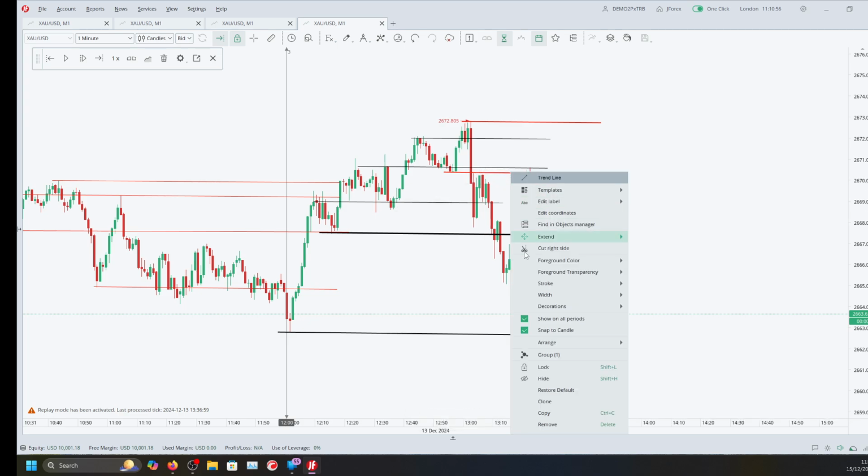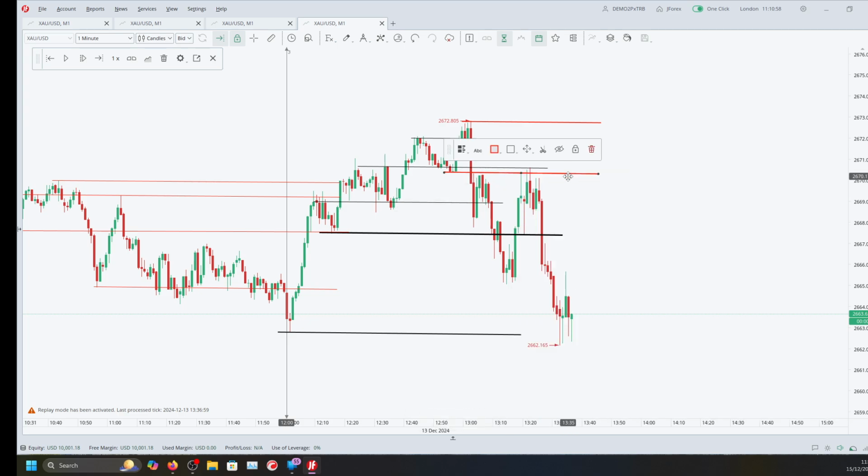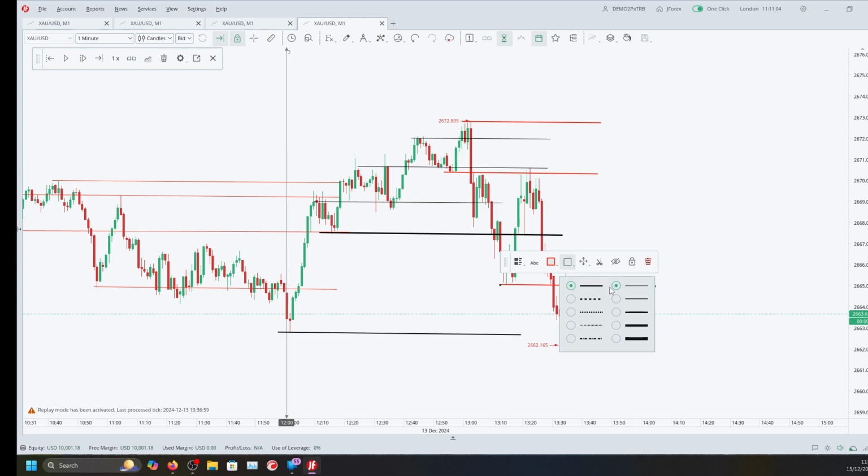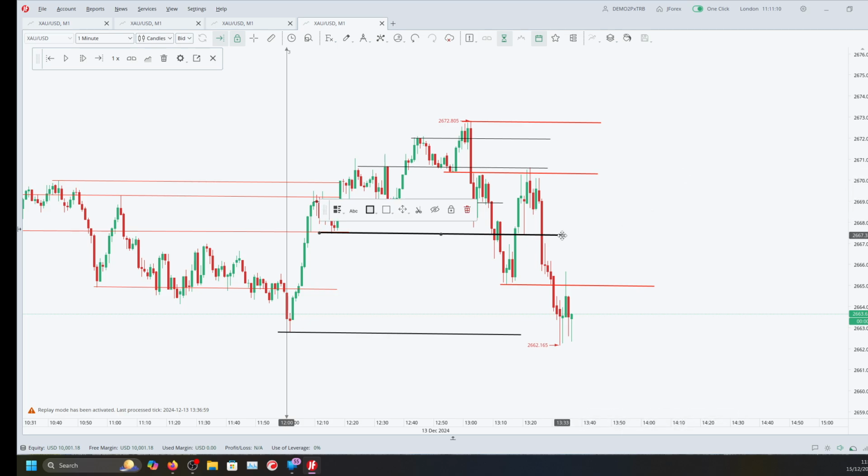So now price is breaking through structure bearish again. So we got this low is holding price at the moment.